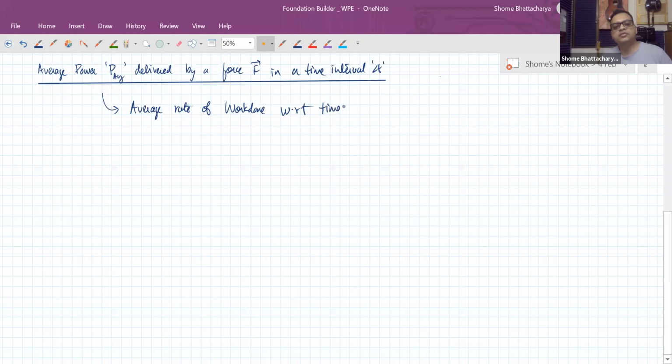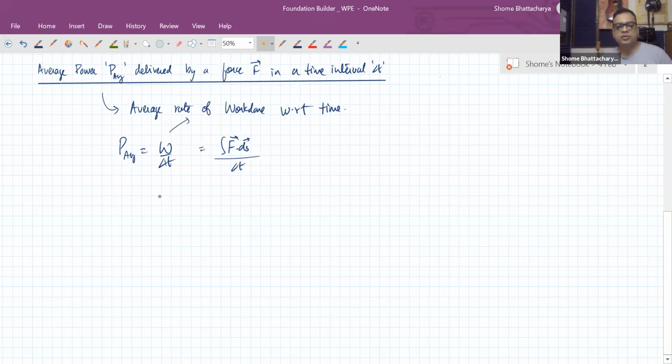Instead of instantaneous rate of work done, it becomes average rate. So average power becomes total work done divided by total time. Okay, so it becomes integration of F dot ds, the whole thing divided by the time interval. That is how the average power is defined.